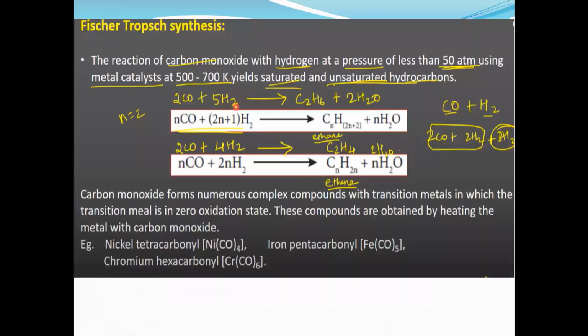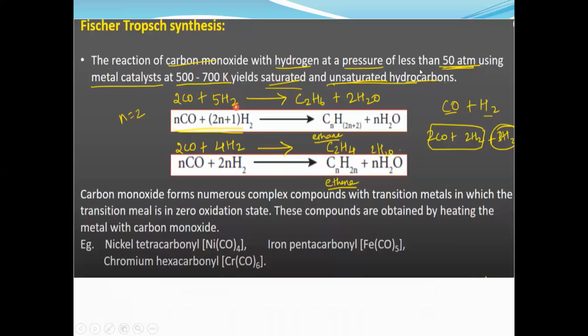So next one is the Fischer-Tropsch synthesis. Using this method, we are preparing the saturated and the unsaturated hydrocarbon. It is the reaction of carbon monoxide with hydrogen, the combination we call the water gas.